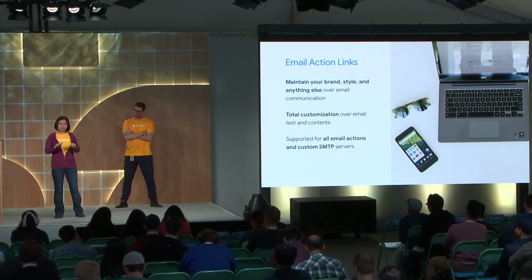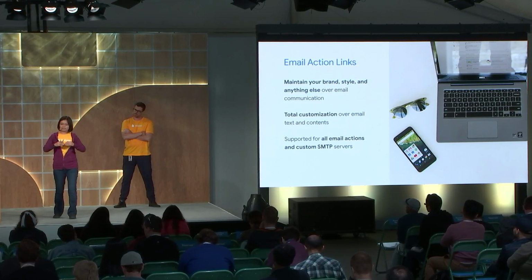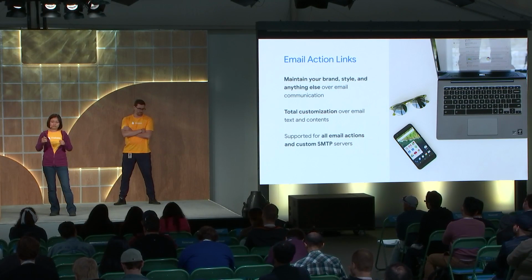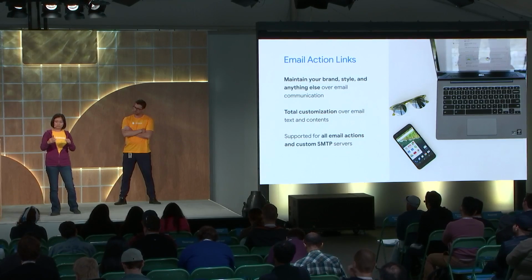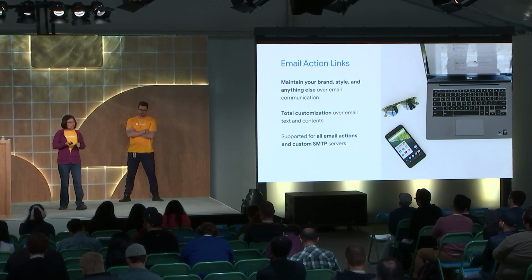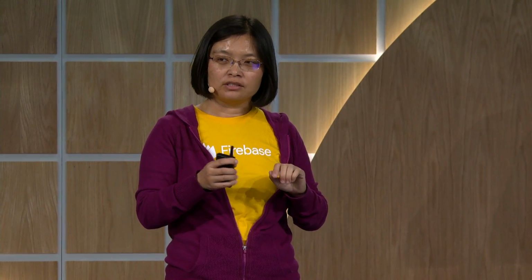But more importantly, it will allow you to provide more context of that email communication to your user. And when the user has a clear understanding of what is going on, they're more likely to respond to your request. Of course, this also gives you another additional benefit, which is that it allows you to send the email content with your favorite SMTP server.